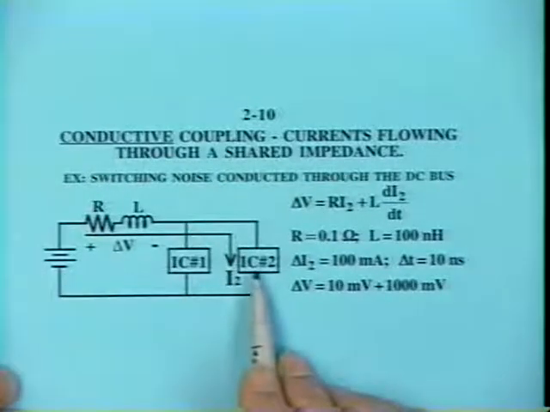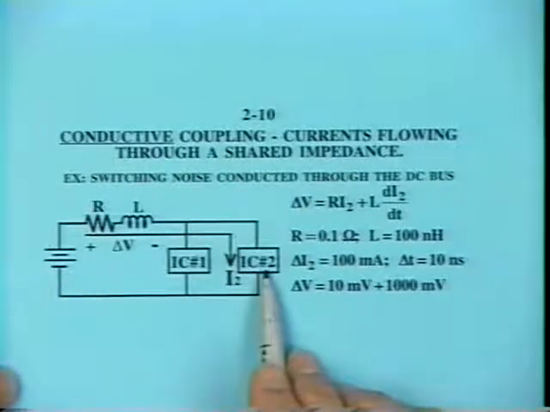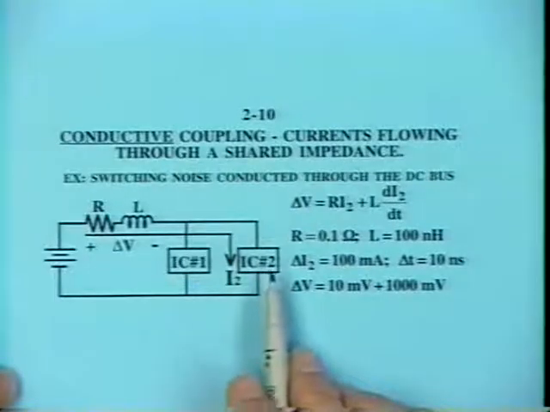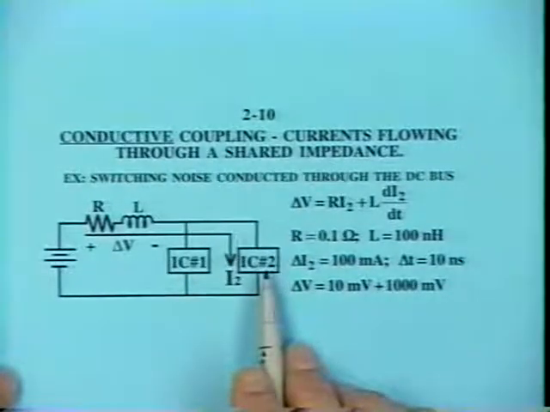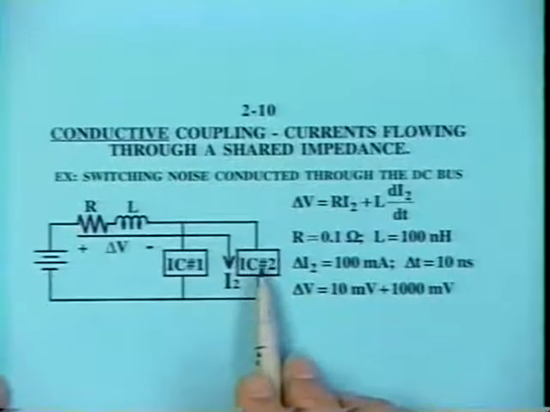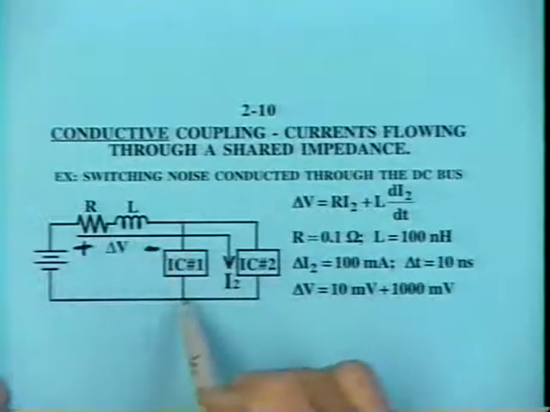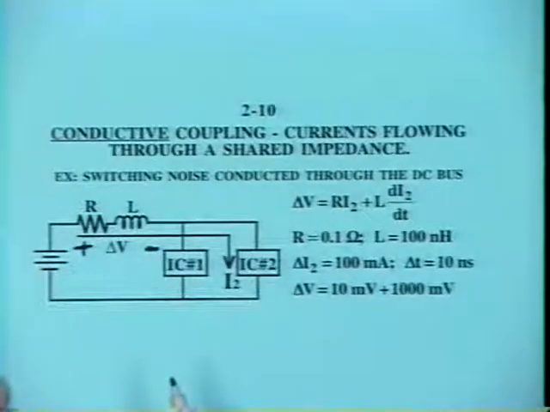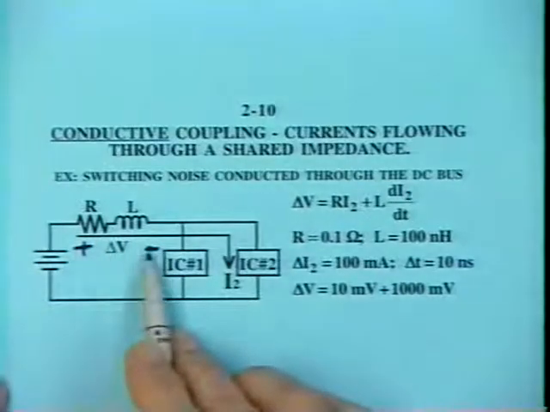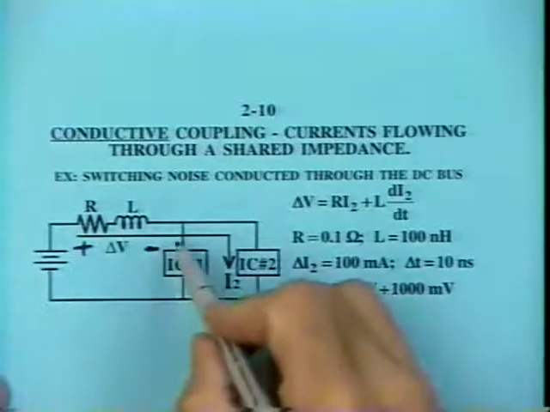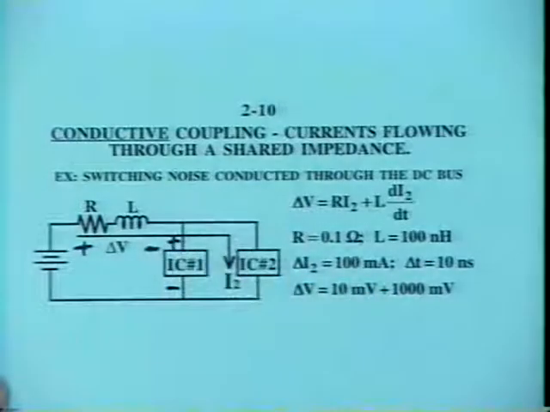Let's say IC chip number 2 is the one that is drawing the bulk of the current. It's doing most of the switching. And so we're concerned about when IC number 2 switches, what about the voltage that is developed along the DC power distribution path? That fluctuating voltage means that the DC voltage at the load is going to fluctuate, which we don't want to happen.